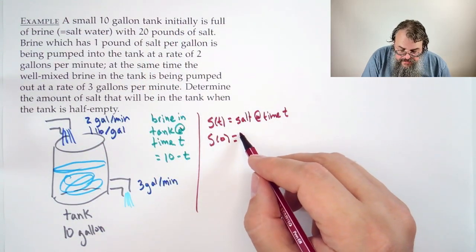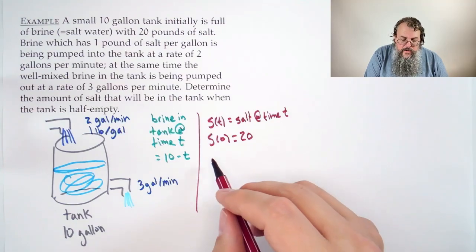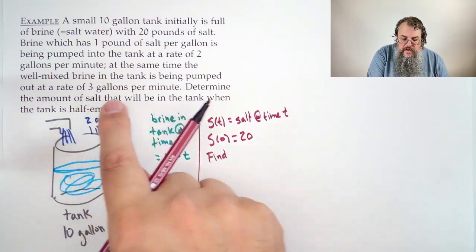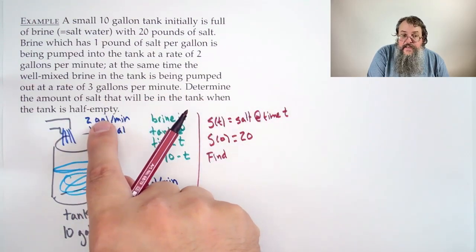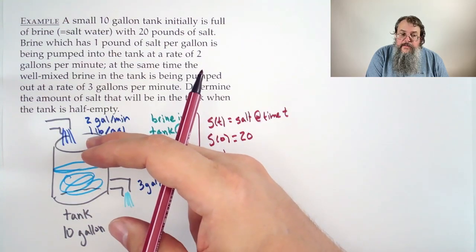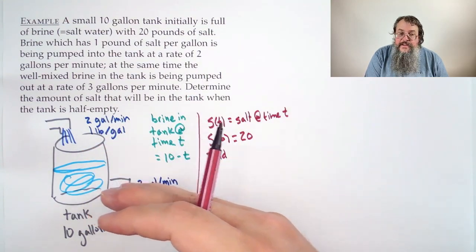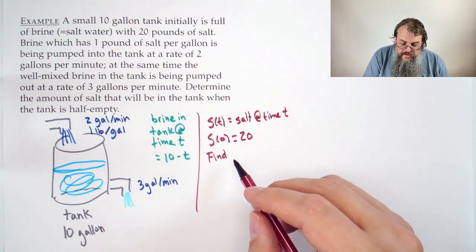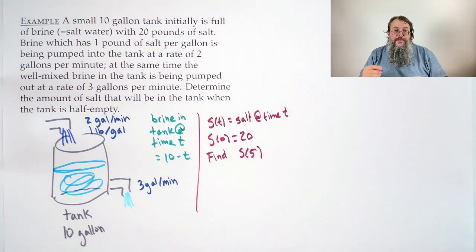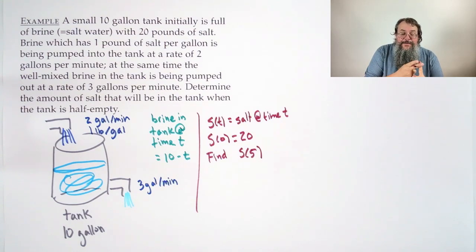We know what we want to find: the amount of salt when the tank is half empty. It started at 10. To be half empty, we want to be at 5. Every minute we lose a gallon, so we're looking for S of 5. So we know our initial condition, and we know what we're looking for, at least as a time.